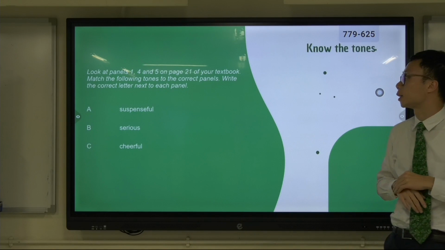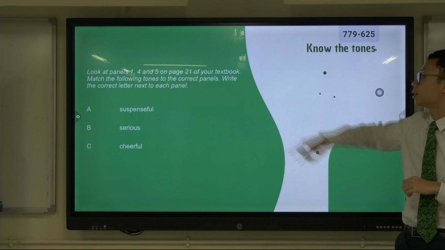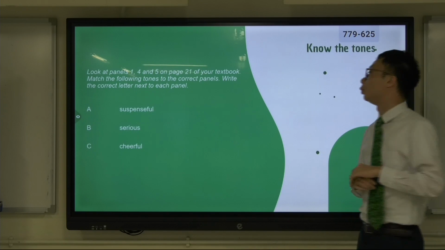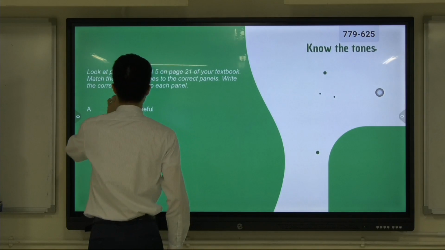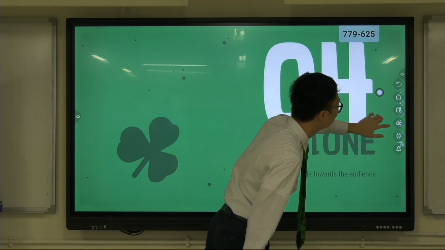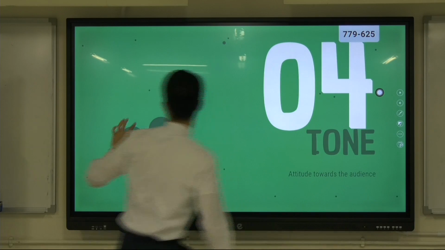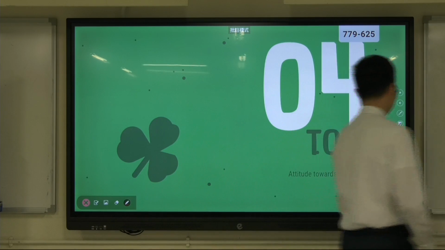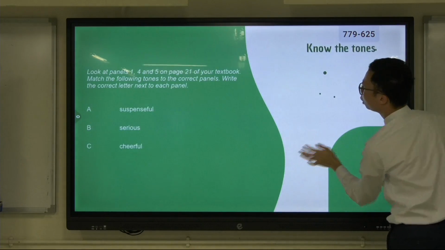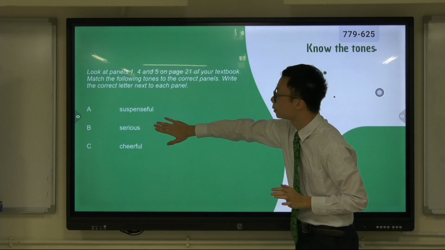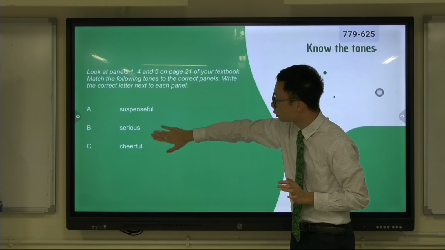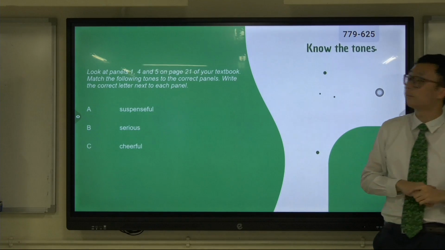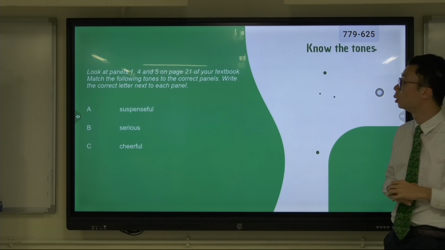Write the correct letters next to the panel. Okay, A, suspenseful. 懸疑、認真、開心: suspenseful, serious, cheerful. What do you think? I'll give you a few seconds.